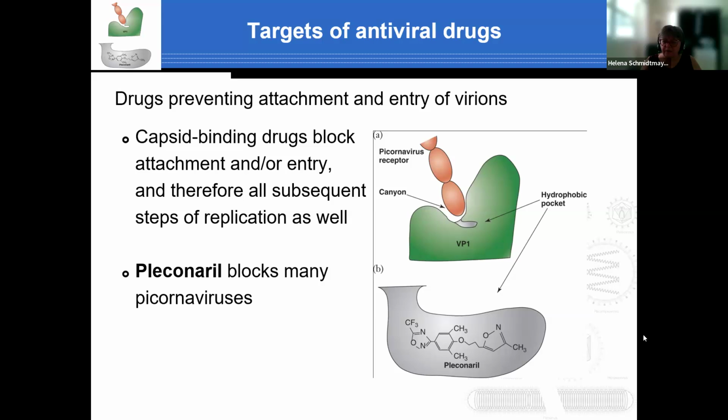A few years ago, the chemical called pleconaril was developed, which fits right into this hydrophobic pocket. What does it do? It stabilizes VP1, so it cannot change conformation. So it does not allow this tight binding of the receptor with this canyon, and therefore it cannot release VP4, VP1 cannot change conformation and trigger those pores in target cells. So it blocks entry of many picornaviruses.